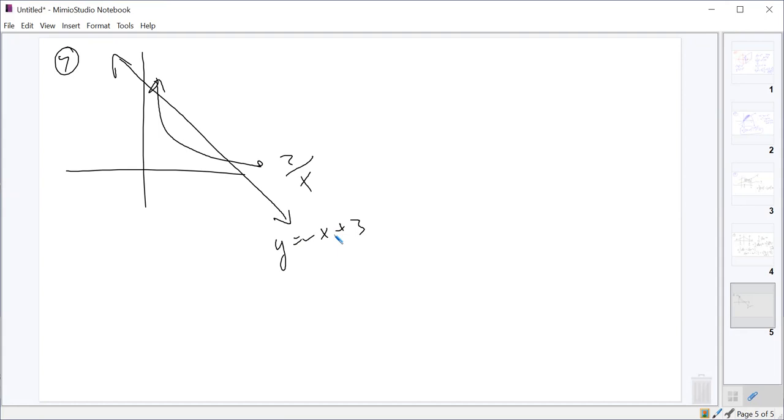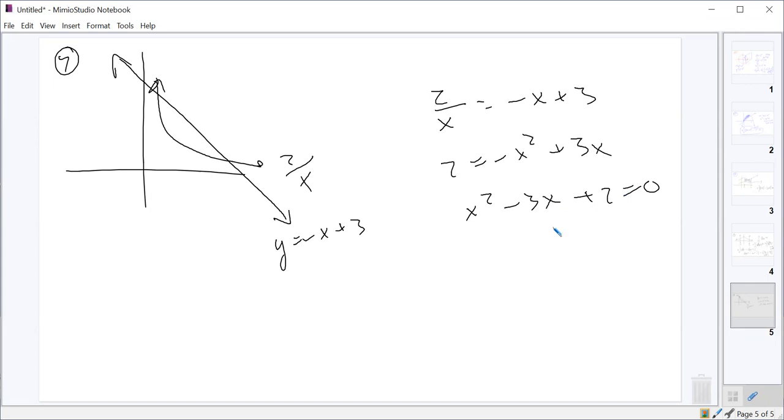So we have to find the limits of integration, which can be found by setting 2 over x equal to -x plus 3. We multiply by x, we get 2 equals -x squared plus 3x, or x squared minus 3x plus 2 equals 0.